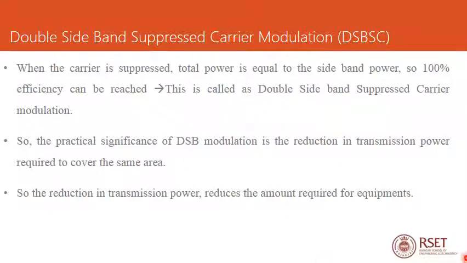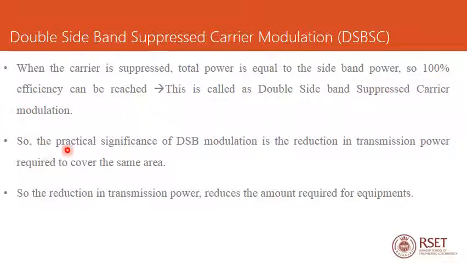When the carrier is suppressed, the total power is equal to the sideband power, so 100% efficiency can be achieved. If you are suppressing your carrier signal, then that modulation is known as double sideband suppressed carrier modulation.